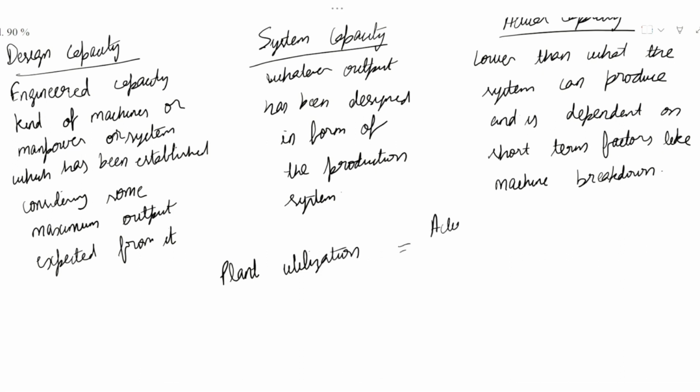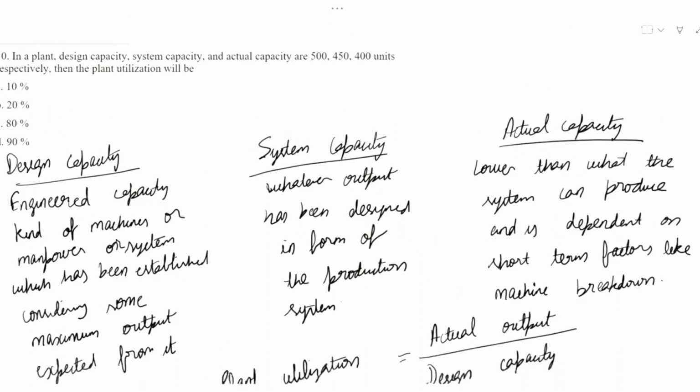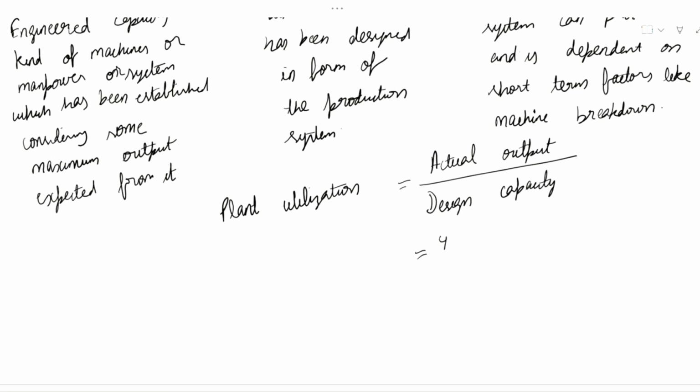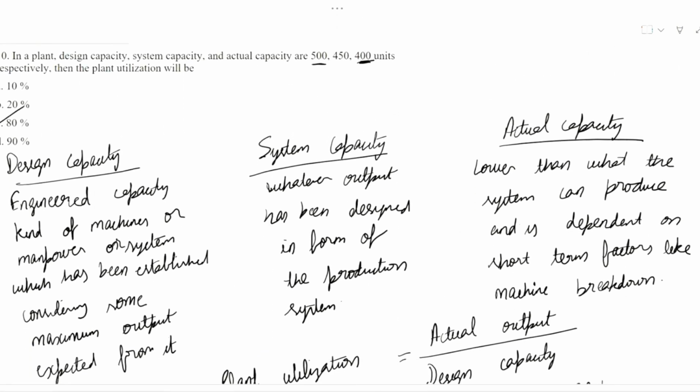So now plant utilization is equal to actual output by design capacity. So here in this question, actual output is 400 and design capacity is 500. So plant utilization is 400 by 500 is equal to 0.8 is equal to 80%. The correct answer is C, 80%.